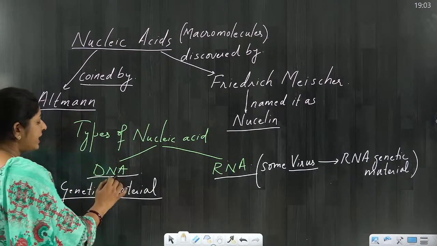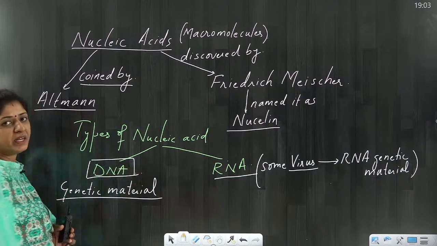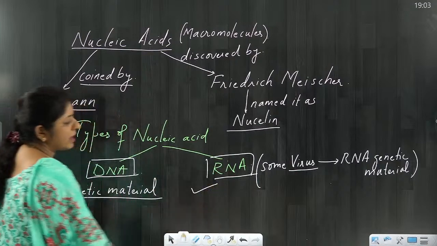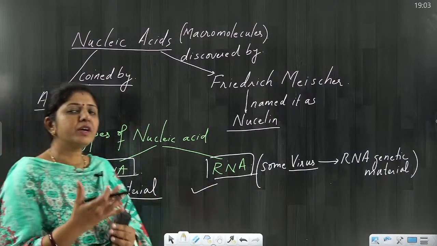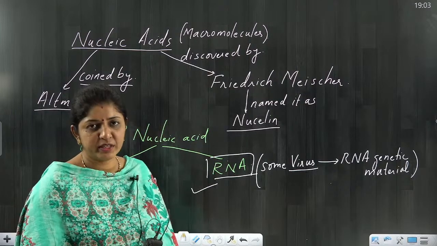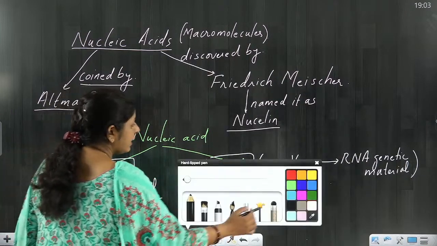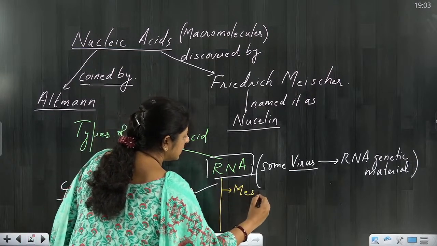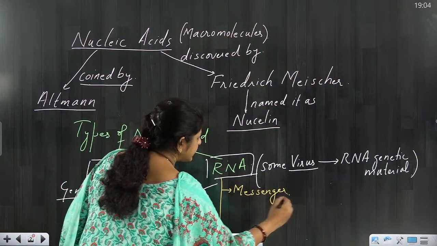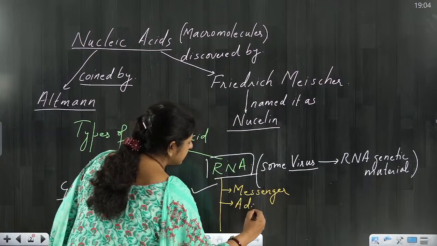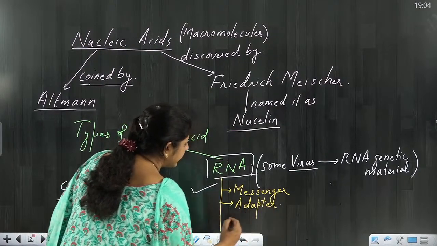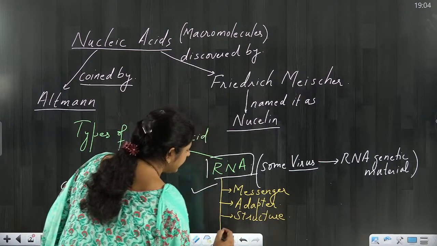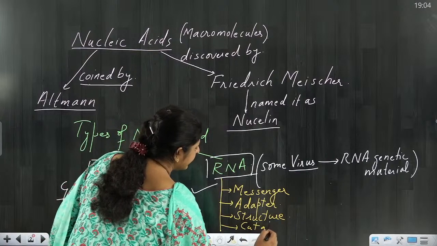In an organism where DNA is the genetic material, do they have RNA? Yes, such organisms will have RNA. Then what is the function of RNA in such cells? This RNA will work as a messenger, it can act as an adapter, it can help in the formation of structure, and it can even have a catalytic role.